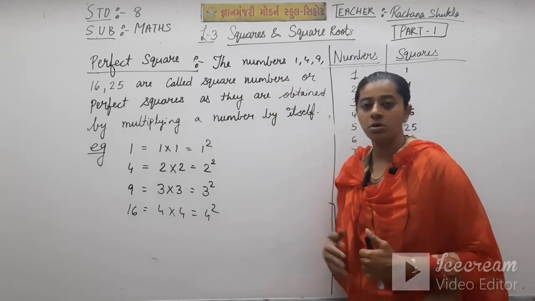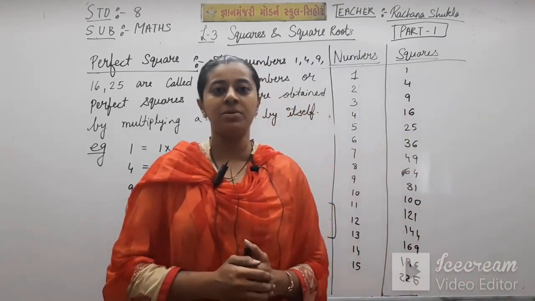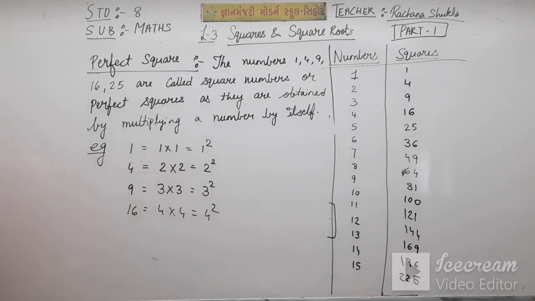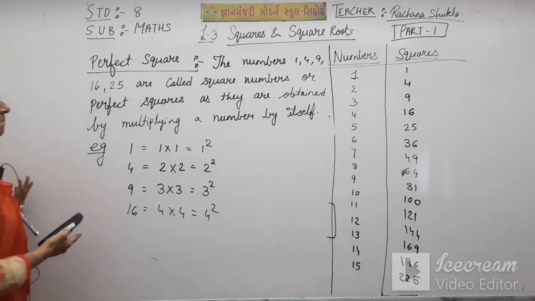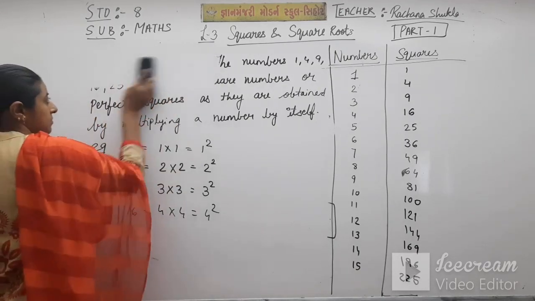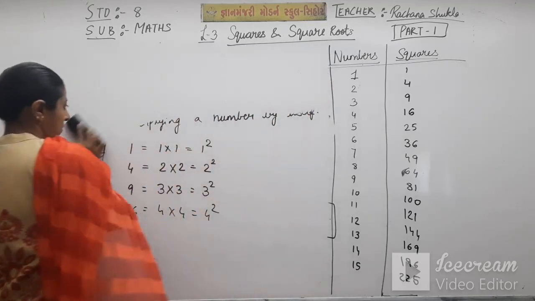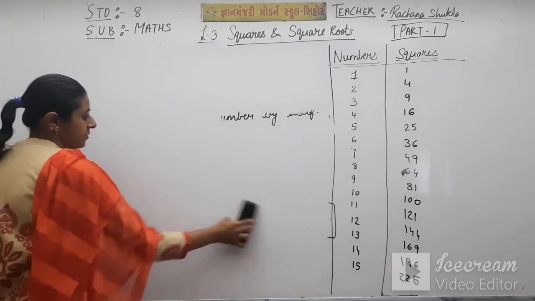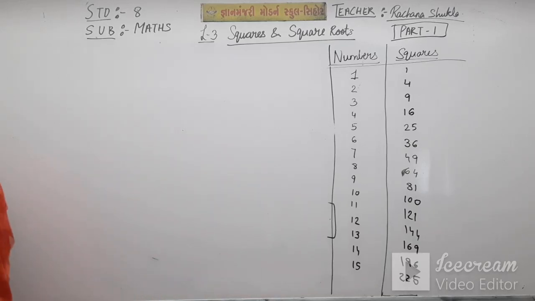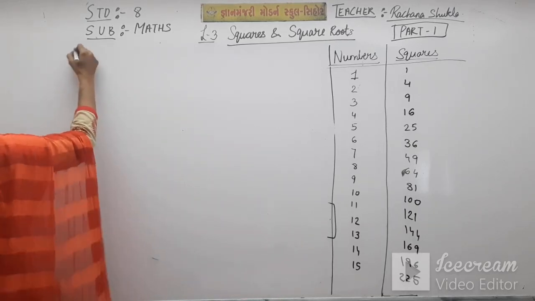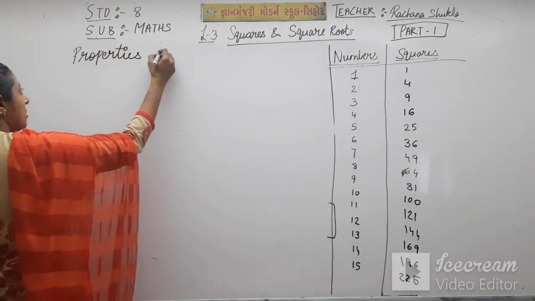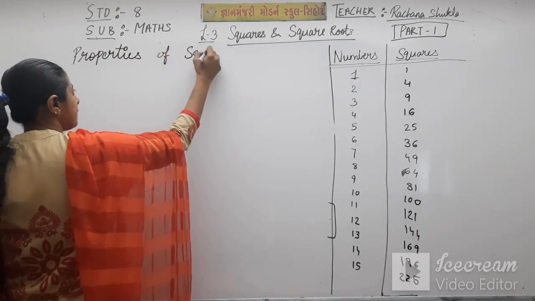Now, let's move on to the next topic of the chapter, that is the properties of square. Note down this in your fair book. Our next topic is properties of square. Very important topic. Properties of square.